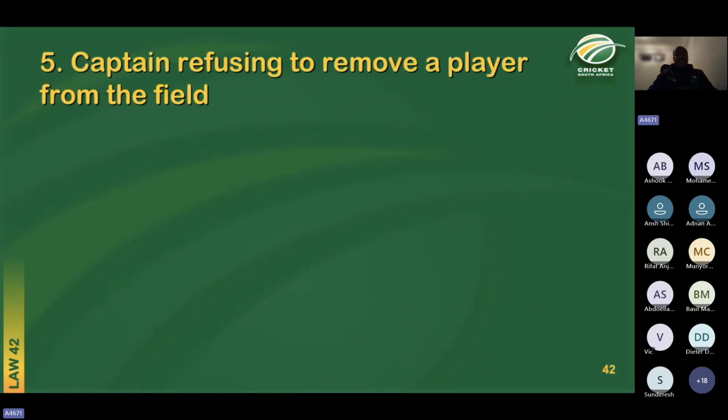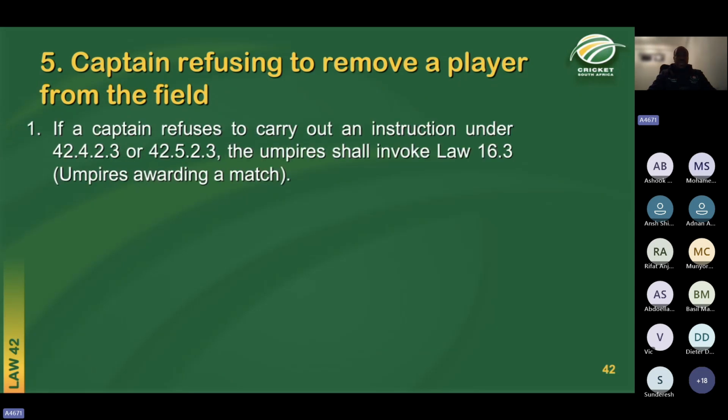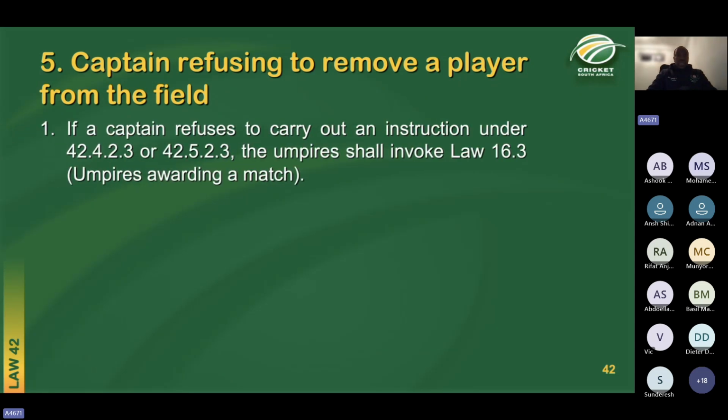Now, what happens if a captain refuses to remove a player as instructed by the umpires for a level 3 offense or a level 4 offense? Very serious offense by the captain.